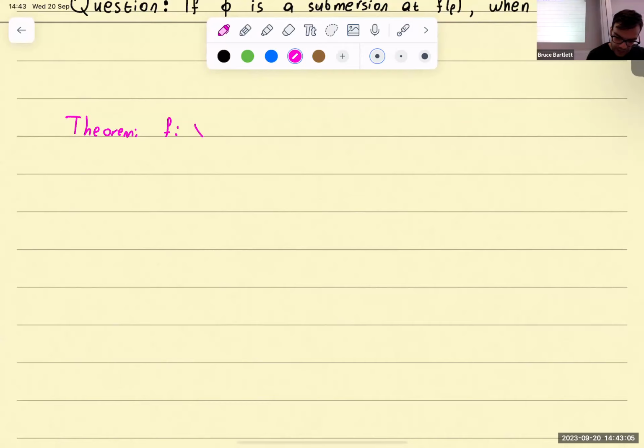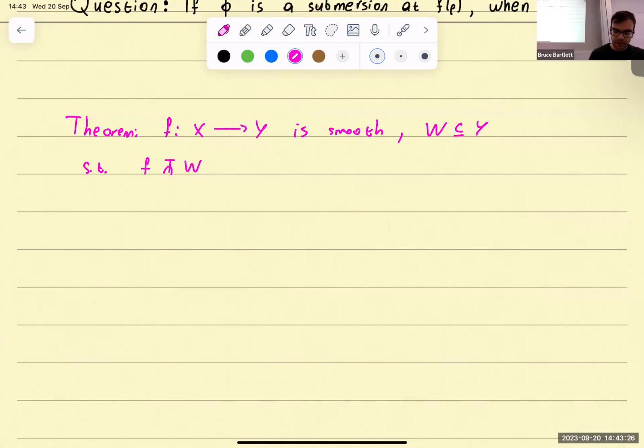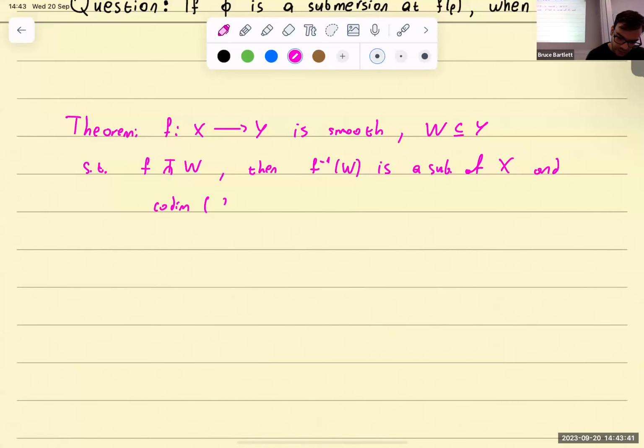So if f from X to Y is smooth, and W is a smooth submanifold of Y, such that F intersects W transversely, then F inverse of W is a submanifold of X. And furthermore, the codimension of F inverse of W in X must equal the codimension of W in Y. Exactly.